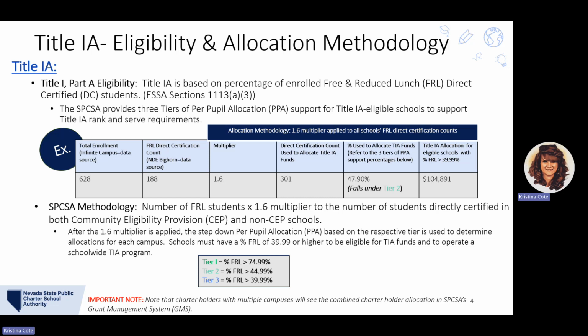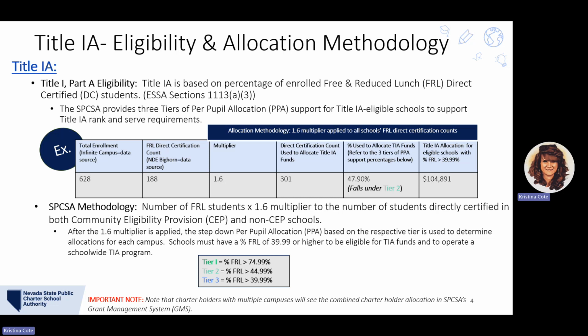The 1.6 multiplier is then applied to the free and reduced lunch direct certification count of students, which are directly certified in both the CEP, Community Eligibility Provision, and non-CEP schools. So in this example, 188 times 1.6 multiplier equals 300.8, or it can be rounded up to 301, as we show in this table. So it's 301 direct certified student count that will be used to allocate the Title I-A funds.